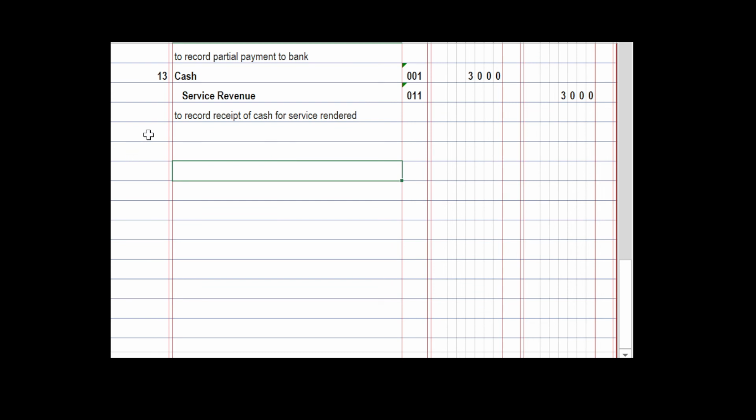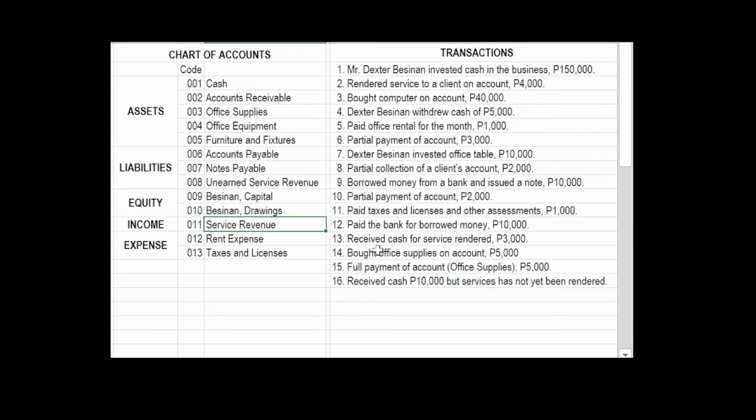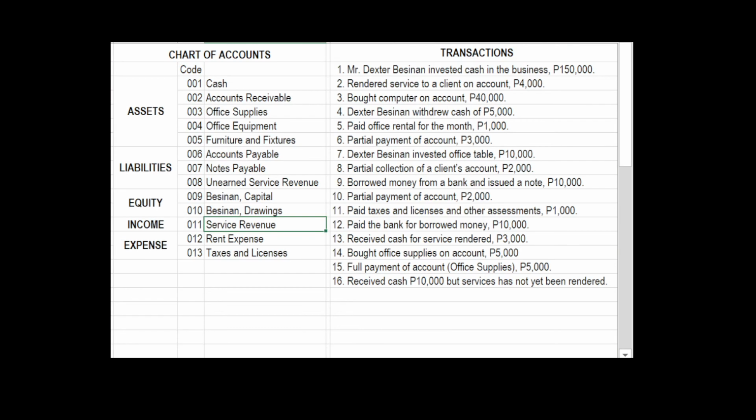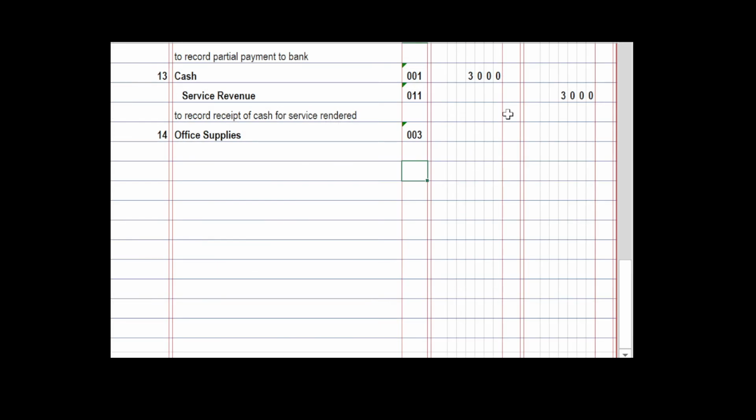Okay, 14. Next transaction, bought office supplies on account. Bumili na tayo ng office supplies pero inutang natin 5,000. Okay, so debit tayo ng office supplies. Okay, 003. And then 5,000 yung ating amount.